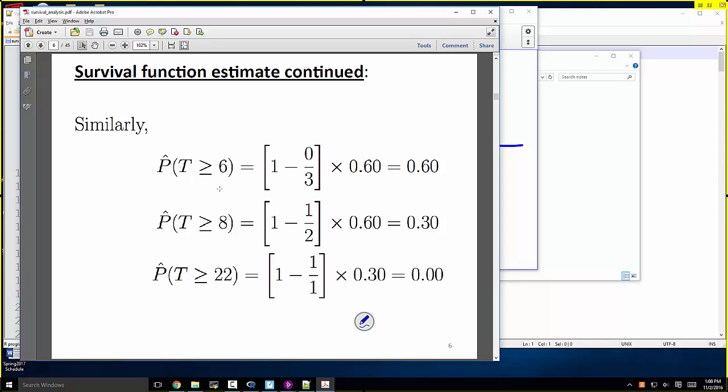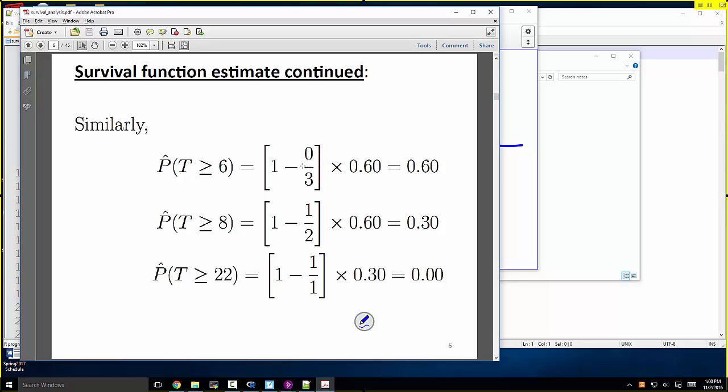And again, we can estimate that as a proportion. How many people were at risk at time 6, and how many actual deaths were observed at time 6? Because the one individual at time 6 was censored, we are not going to claim a death at time 6.